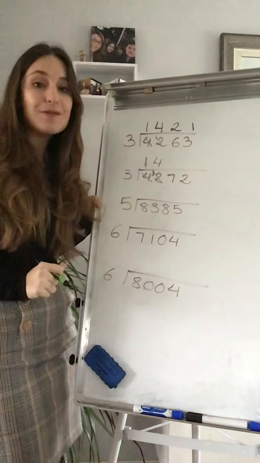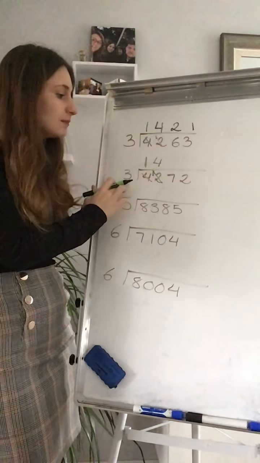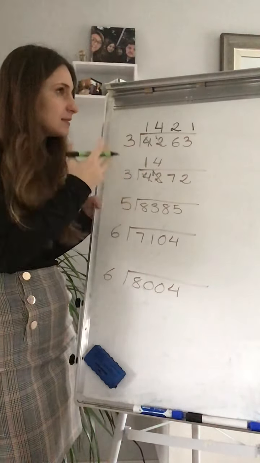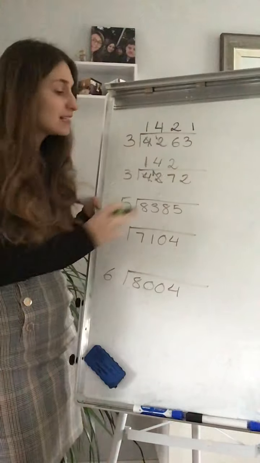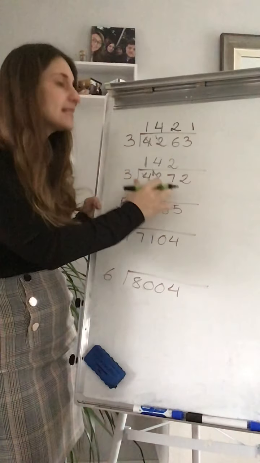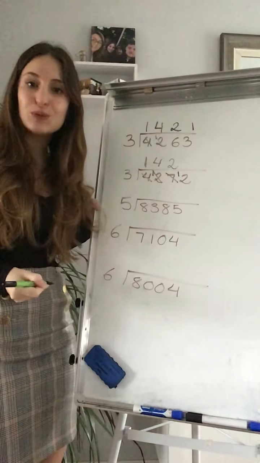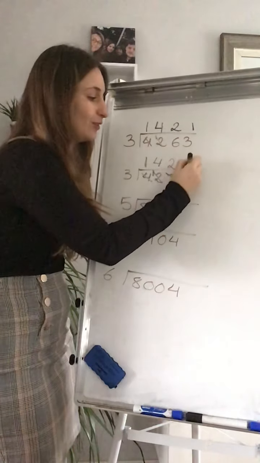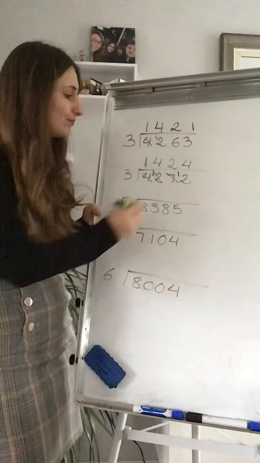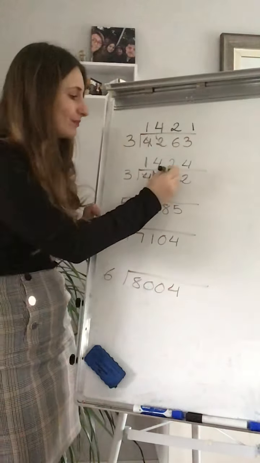Go to my next number. 7 on my 3 timetable? No. The closest is 6, and I get a 6 by timing. 2 times 3 is 6. To 7, 1. And again, I get another 12, and I know that 4 times 3 is 12. Okay?